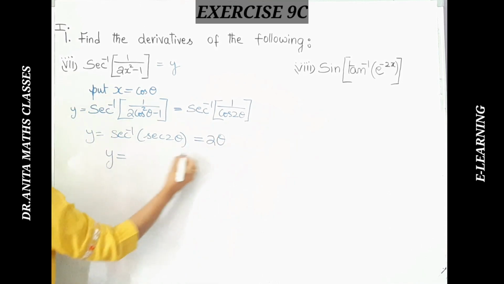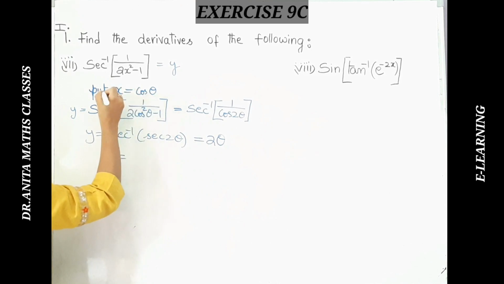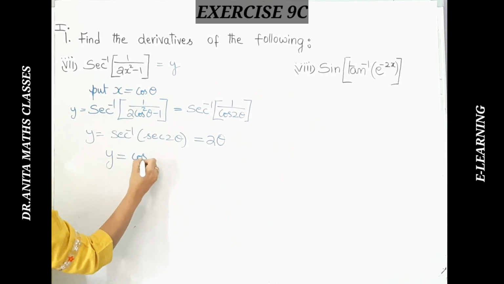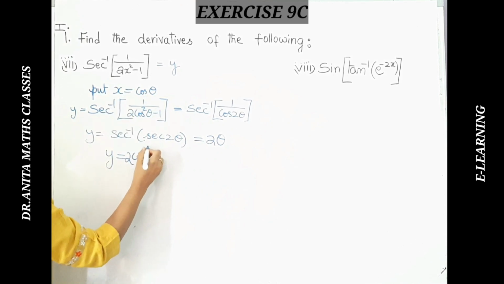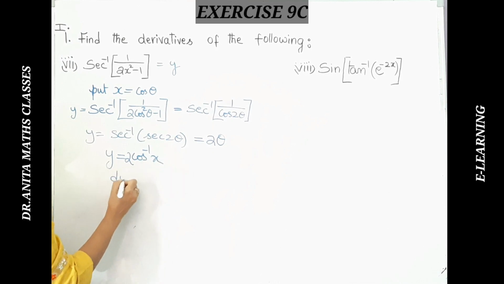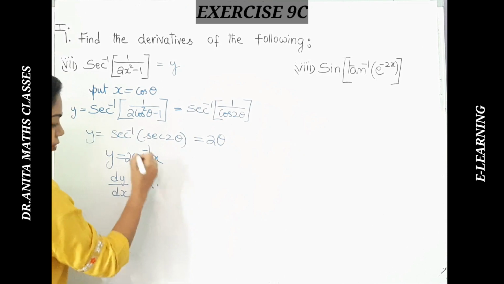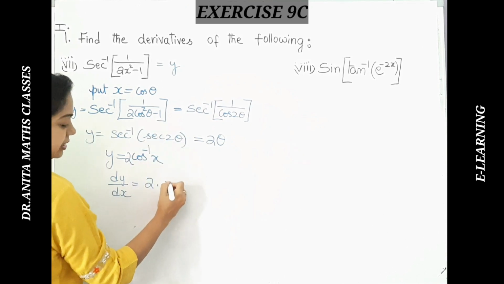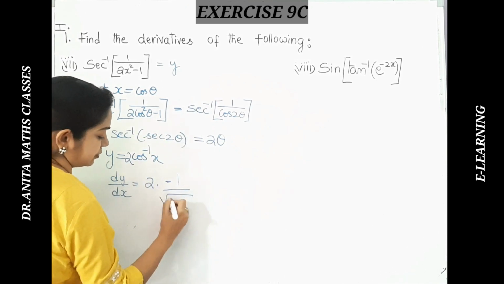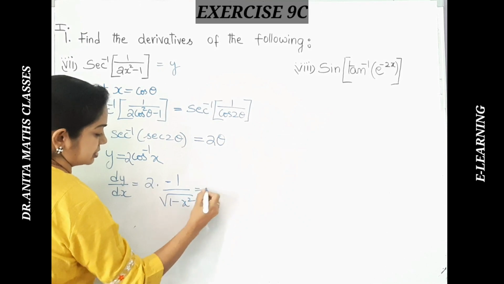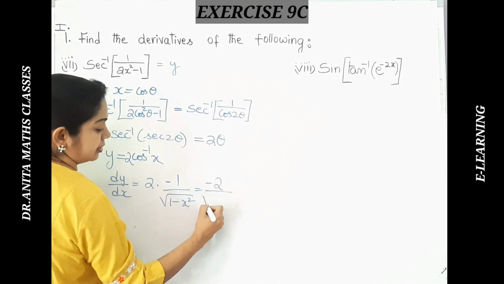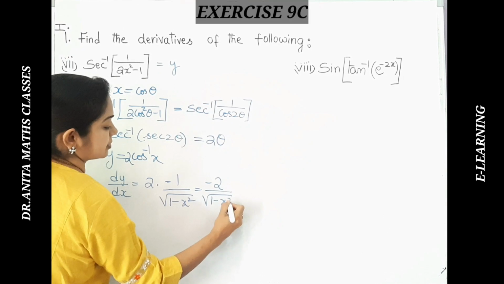But what is 2 theta? Theta is cos inverse x, so 2 cos inverse x. So we will do the derivative. dy by dx is equal to 2 times the derivative of cos inverse x, which is minus 1 upon under root 1 minus x square. So this is minus 2 by under root 1 minus x square.